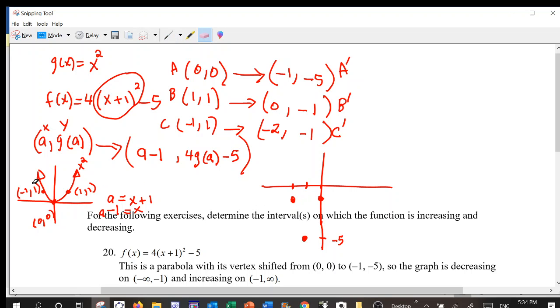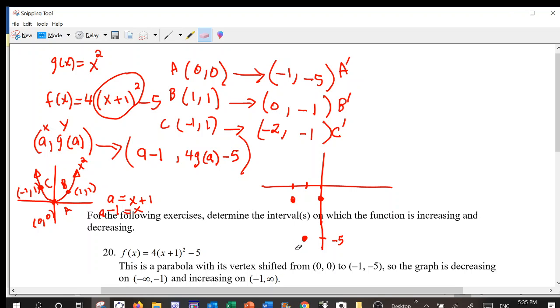So notice this shape right here. That's why I named them A, B, C. So this is A, 0, 0 is A, 1, 1 is B, and the other one is C. Notice that I have to connect A prime to B prime, and A prime to C prime.